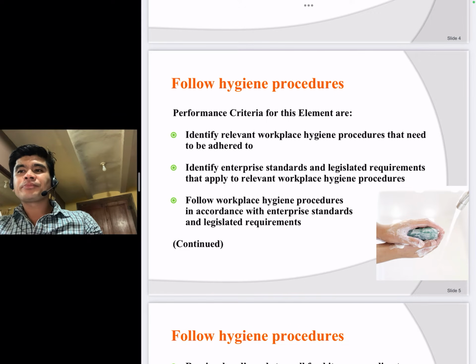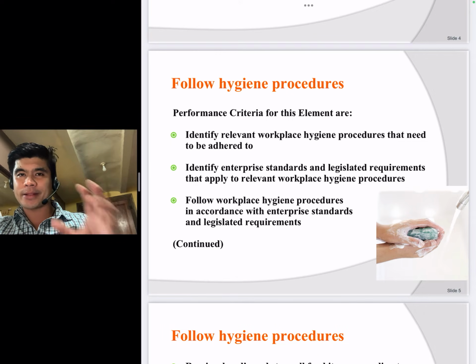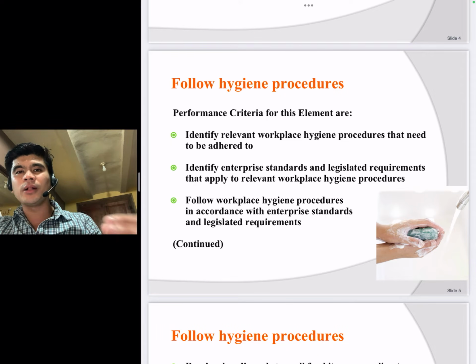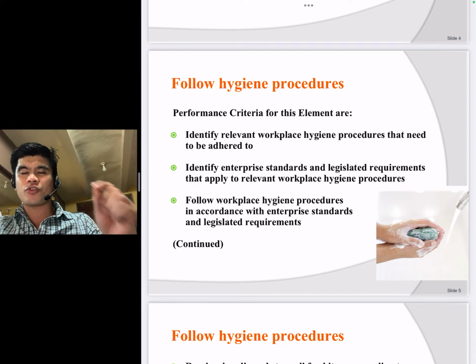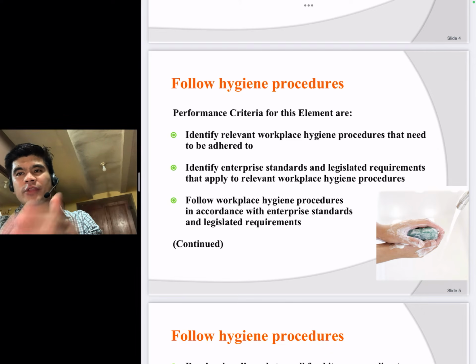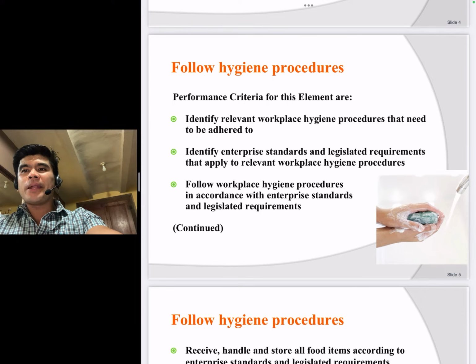That plays a big role, especially right now in the time of the pandemic and this new normal. It is very important to wash your hands every single time. If you're going to switch from one work to another, be able to wash your hands. Next, follow workplace hygiene procedures in accordance with the enterprise standards and legislated requirements. So basically the same thing.